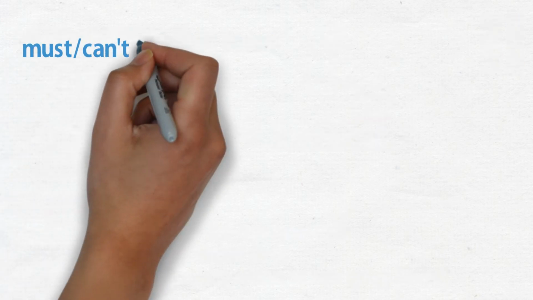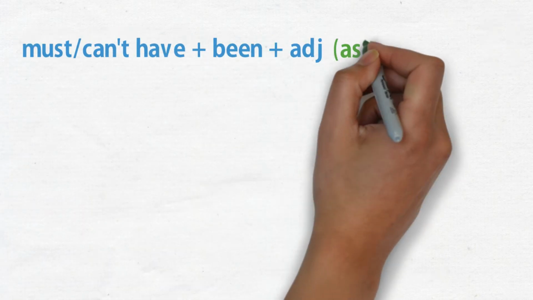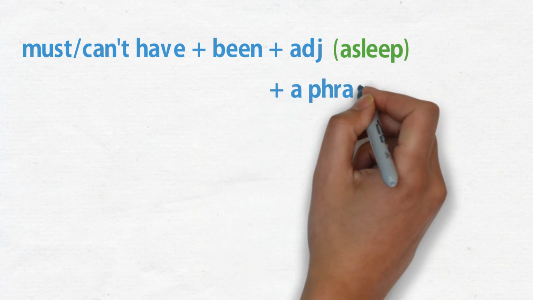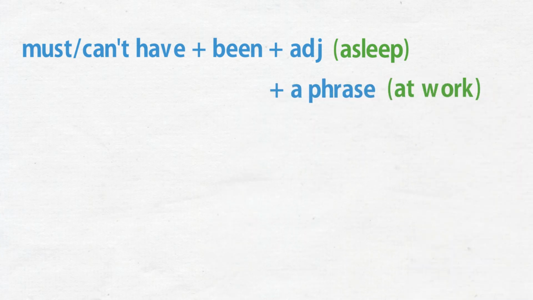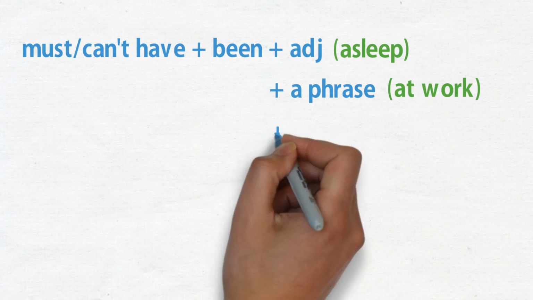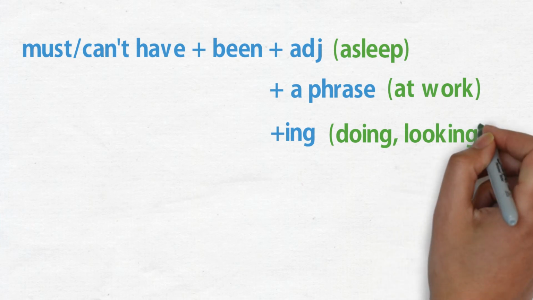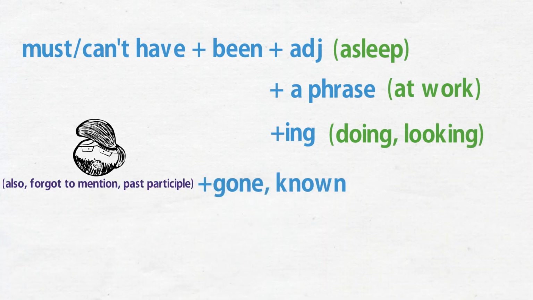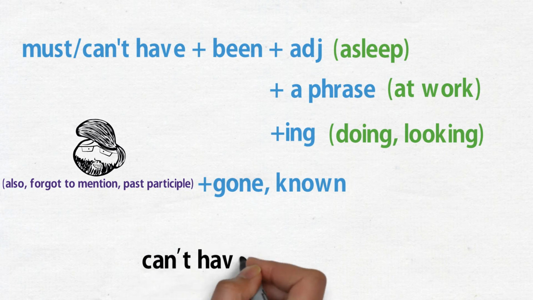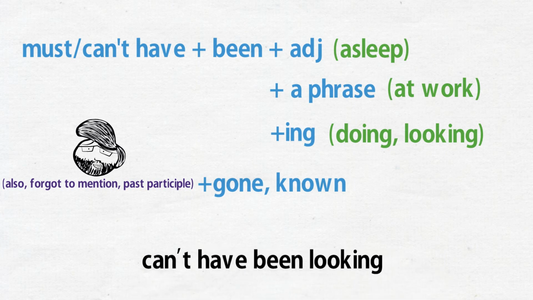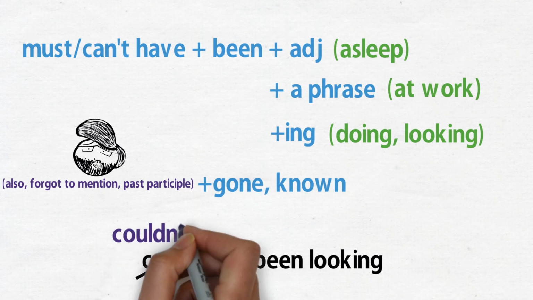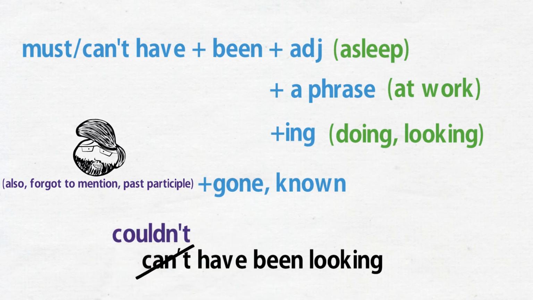They can be followed by been plus an adjective like asleep, or a phrase at work, or been plus ing like doing or looking, etc. And if you think the second example with can't have been looking was too awkward to say, you can always substitute can't with couldn't have. And there you go. Now you know some slightly more advanced ways of using can't and must.